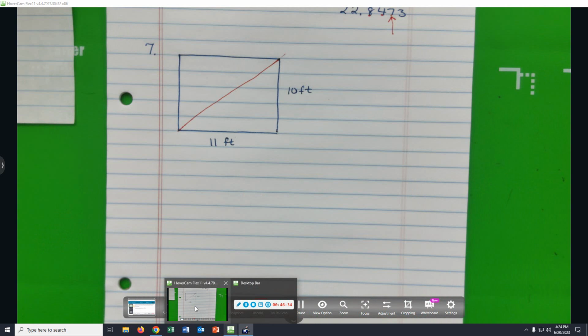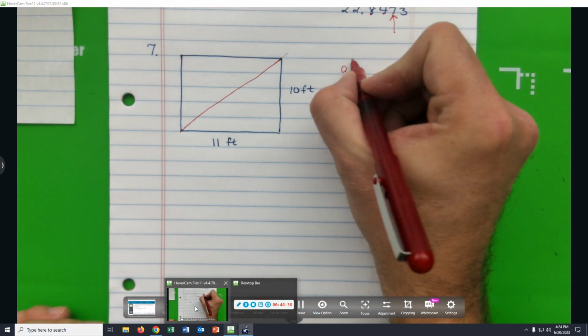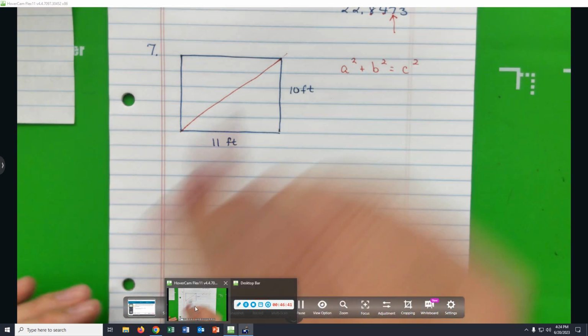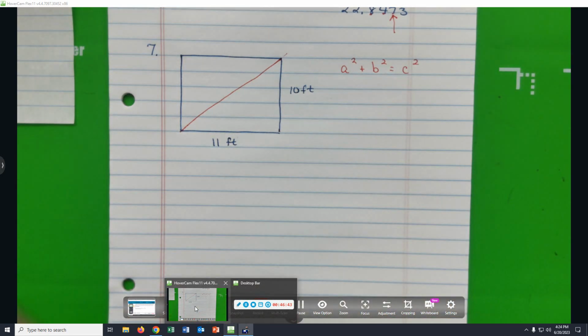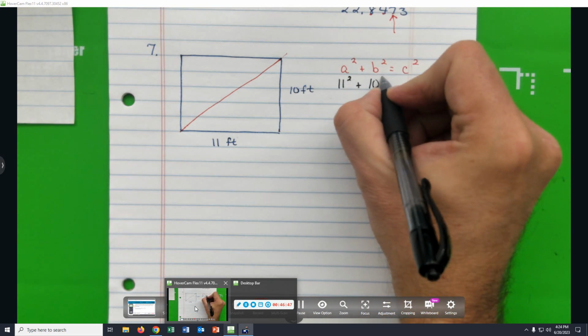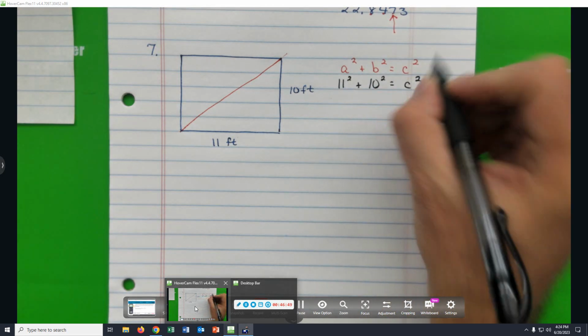Okay? So we have a squared plus b squared equals c squared. So 11 squared plus 10 squared is c squared.